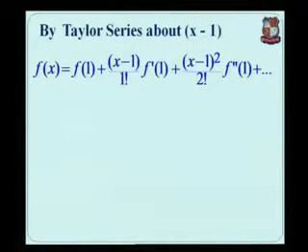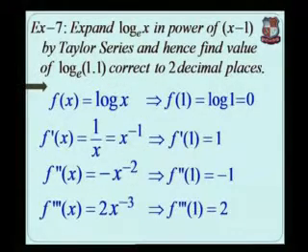Okay, so requirement is f(1), f'(1) and f''(1). So we have the values in the previous data. f(1) is equal to 0, f'(1) is equal to 1, f''(1) is minus 1, and f'''(1) is 2. So 0, 1, minus 1 and 2.